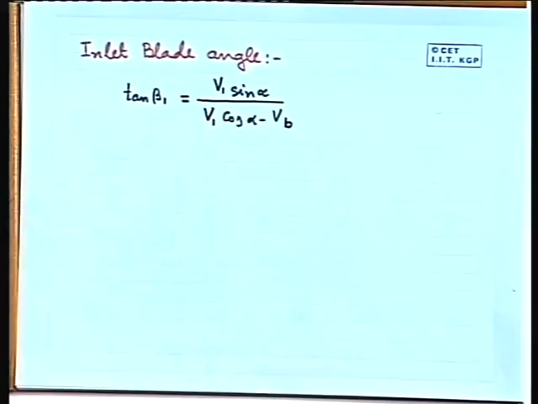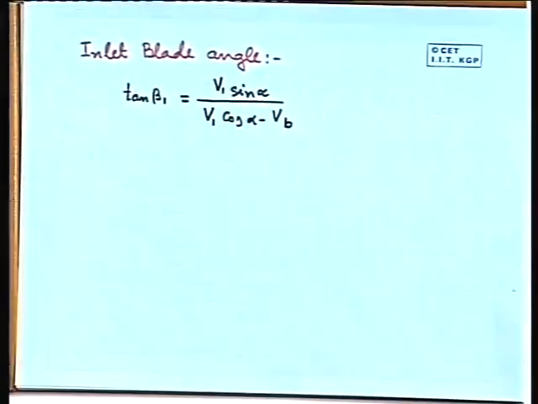I have to know the absolute velocity with which the steam is coming out of the nozzle. Well, how do I determine that absolute velocity of steam coming out of the nozzle? This I have told earlier. We have to know the enthalpy with which steam is entering the nozzle, and the enthalpy with which steam is coming out of the nozzle.